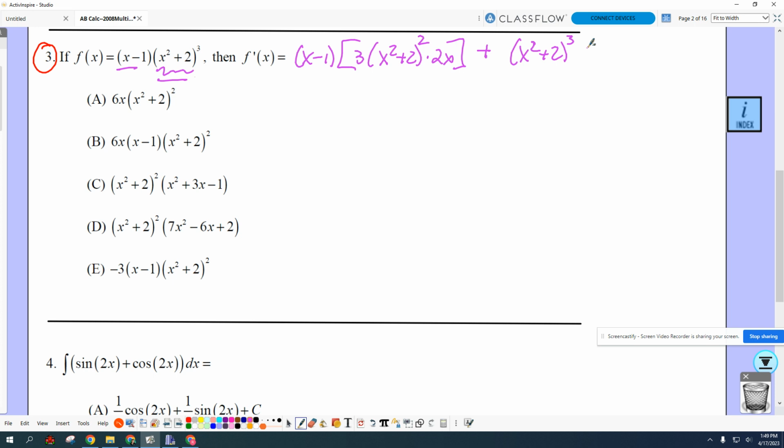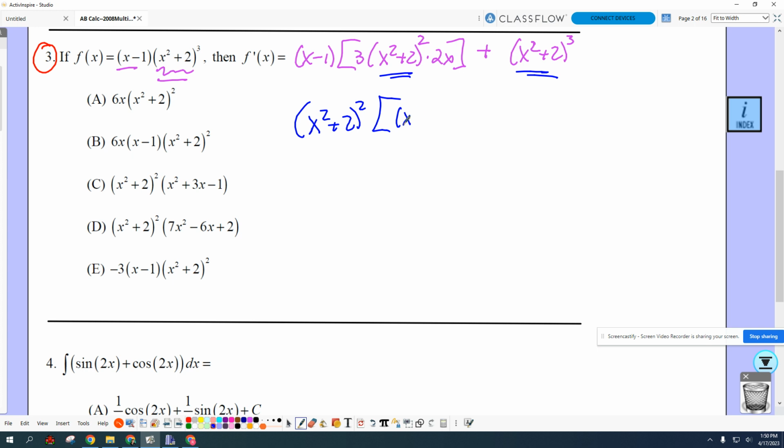I don't get any of these answers. Yeah. So this is algebra now. Natalie, what do you suggest we do? You have to factor out the x squared plus 2, because it's a common term there, so you'll take out x squared plus 2 to the second power.